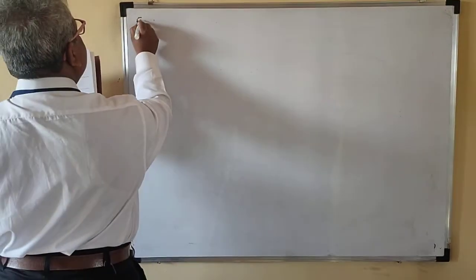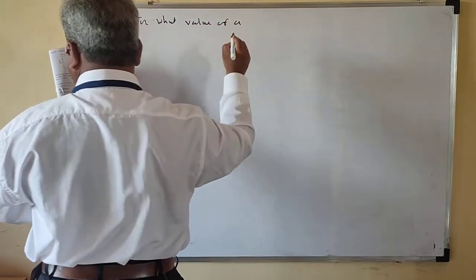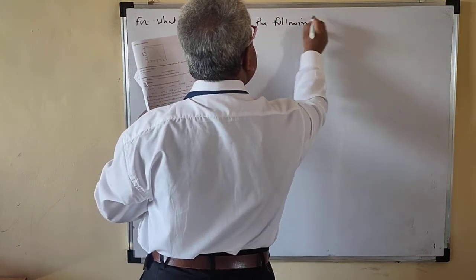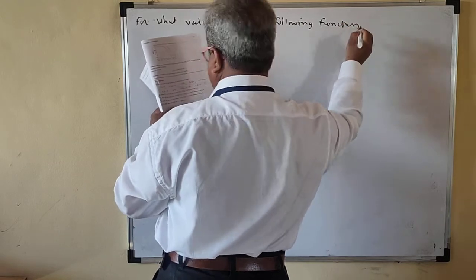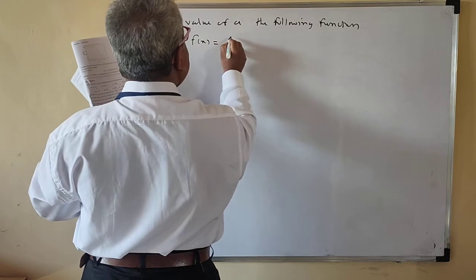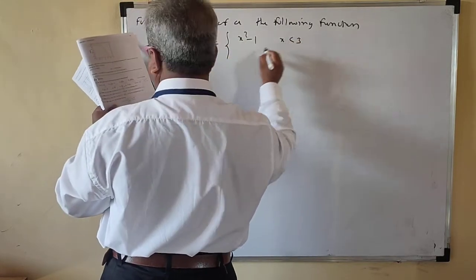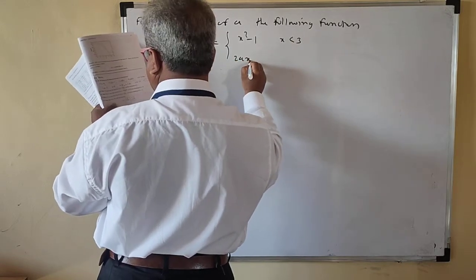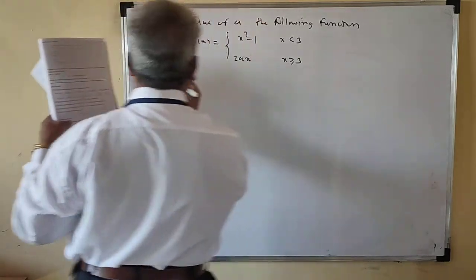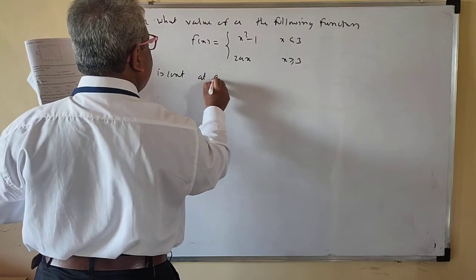For what value of a is the following function f of x is equal to x square minus 1, x is less than 3, twice ax, x is greater than or equal to 3, continuous at every x?